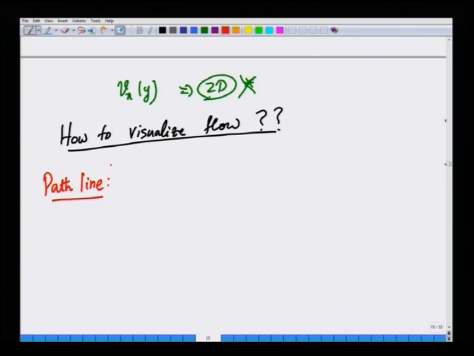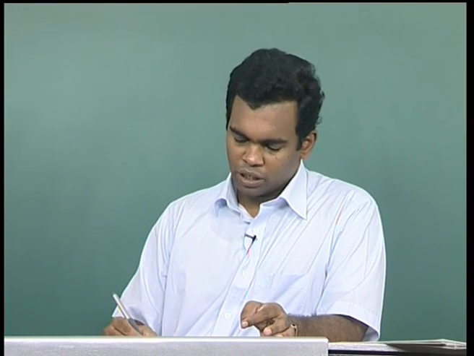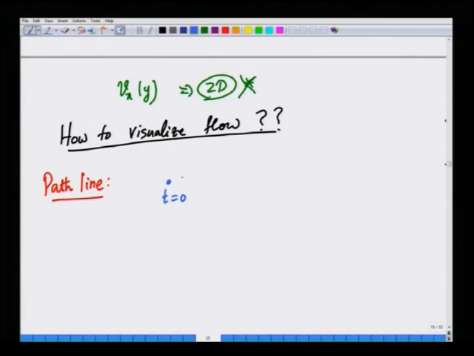Imagine you have a liquid, and you can mark a point in the liquid with a colored dye, and let us assume that the dye does not diffuse. Then at some time t equals 0, this particle will in general move to some other location at a later time t. This is called the particle path or the path line.